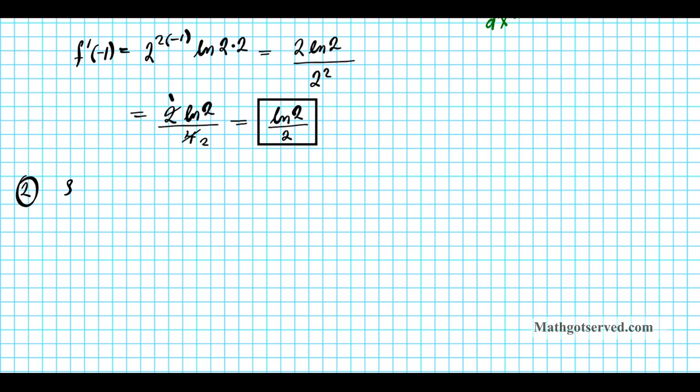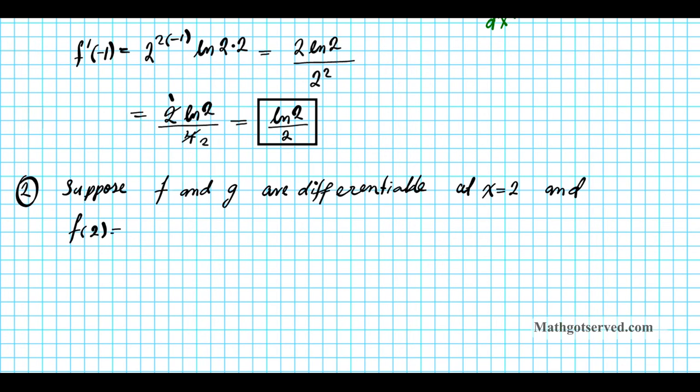Okay, so for number 2, suppose f and g are differentiable at x equals 2, and f of 2 is equal to 3, f prime of 2 is equal to 5, g of 2 is equal to -1 and g prime of 2 is equal to 3.